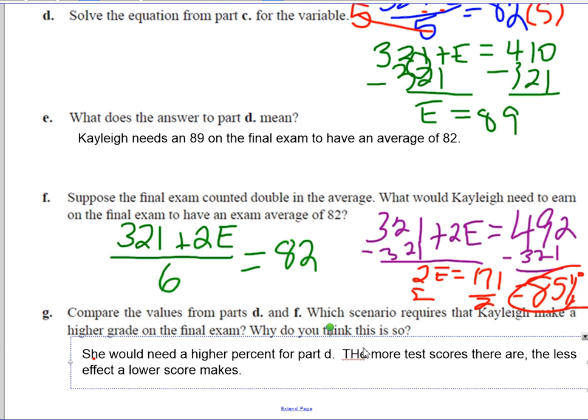Again, that lower score in this case would be 62. So the more scores that you average together, the less they're going to be affected, and the less you would therefore need to make up from the other tests when you do better on the test scores. I think I'm not making sense, but hopefully you understand what I'm trying to say.